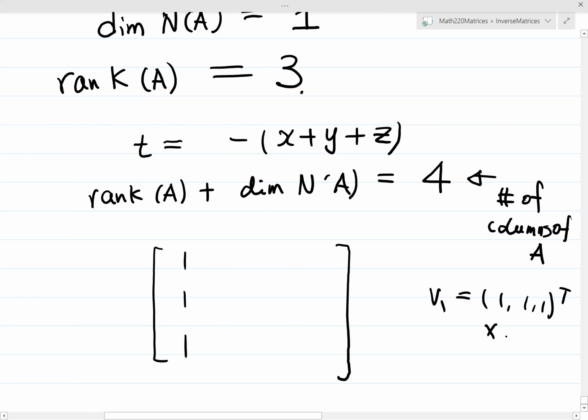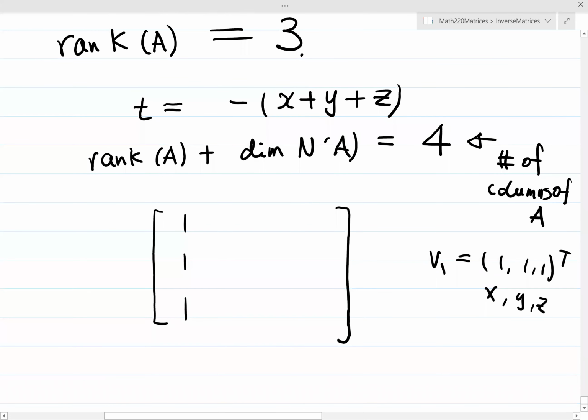Now we can also choose, for instance, this one: x is 0, y is 1, z is 0, and x is 0, y is 0, z is 1. So then we get 0, 1, 0, 0, 0, 1. Now this actually has rank 3. The 3 vectors are linearly independent. If you do any linear combination, you cannot get 0 unless it is the zero combination.